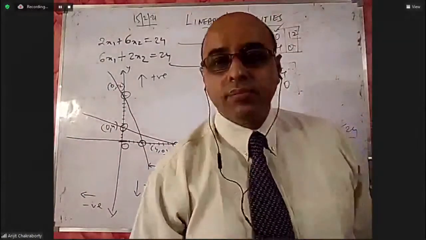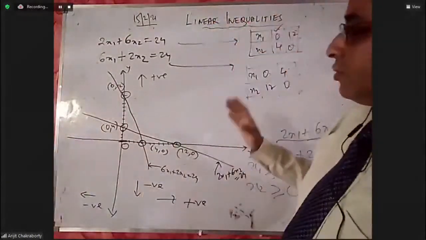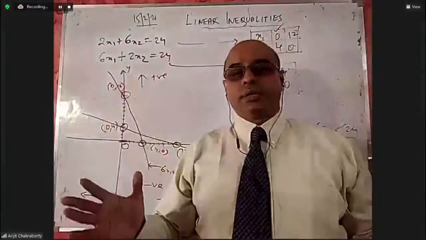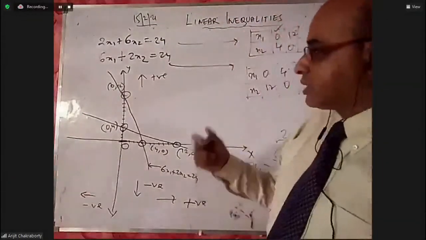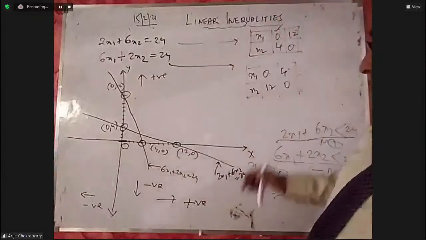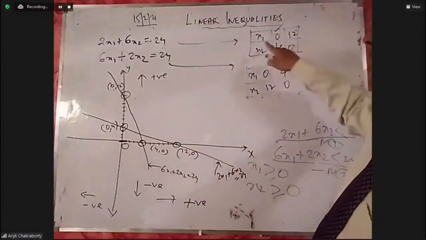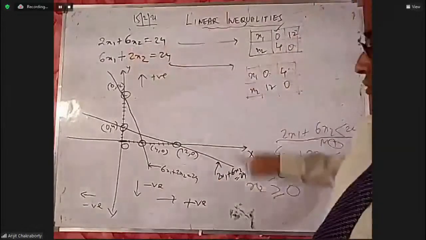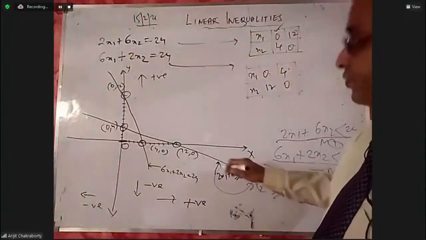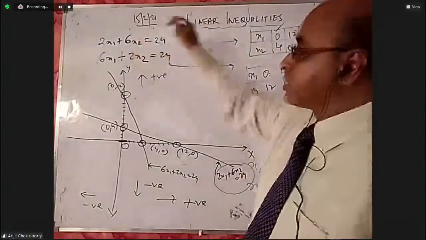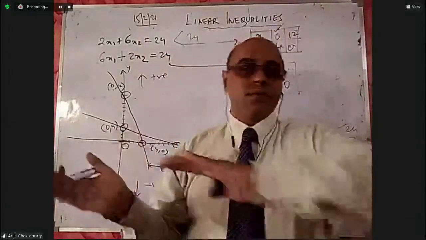Now the final point. We have to find the bounded region. Please follow carefully. I'm taking the first equation, 2x1 plus 6x2 equal to 24. The actual inequality is less than 24. Less than means the left hand side.